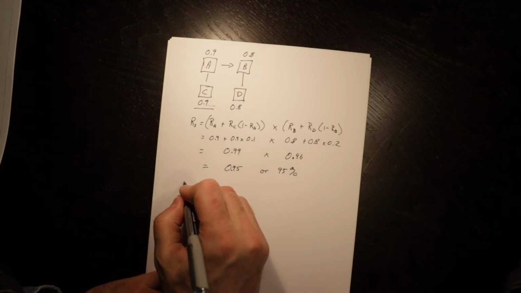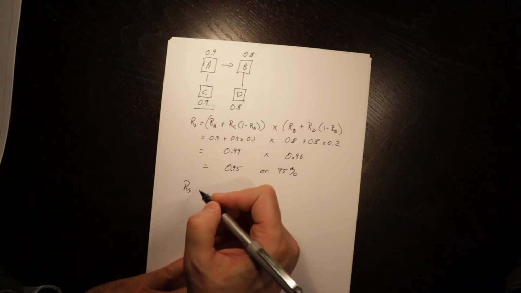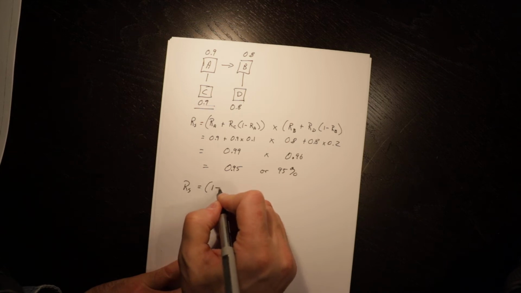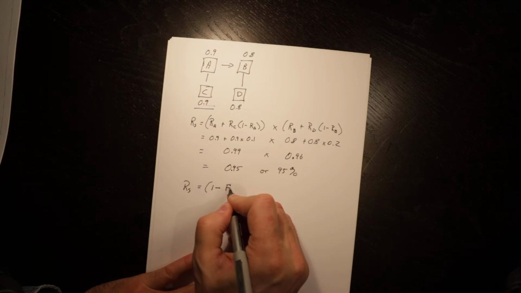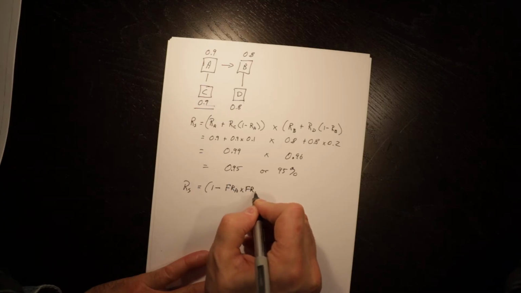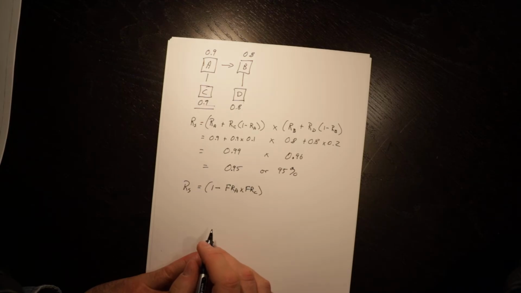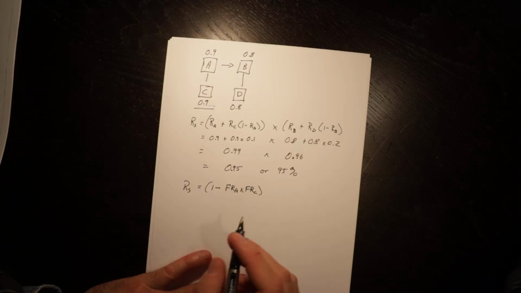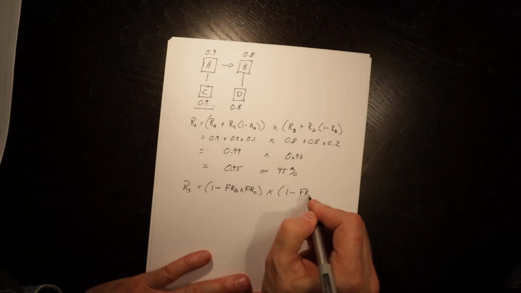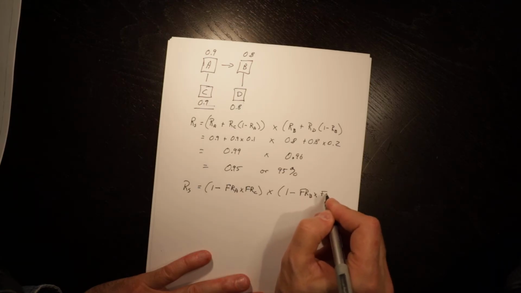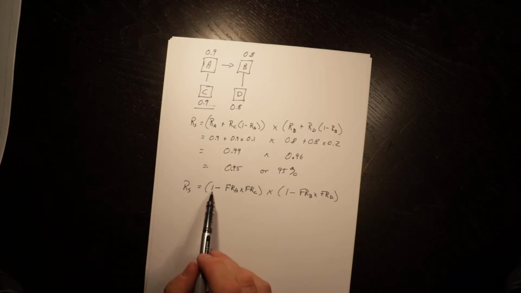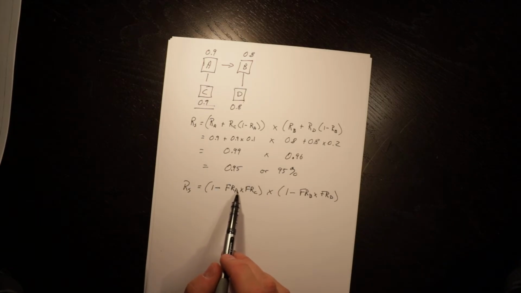We can do the exact same thing, and I don't care which one you use. The reliability of the system is equal to 1 minus the failure rate of A times the failure rate of C, times 1 minus the failure rate of B times the failure rate of D. So this is just looking at 1 minus the product of the two failure rates.